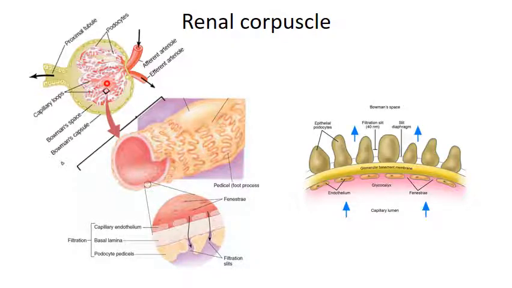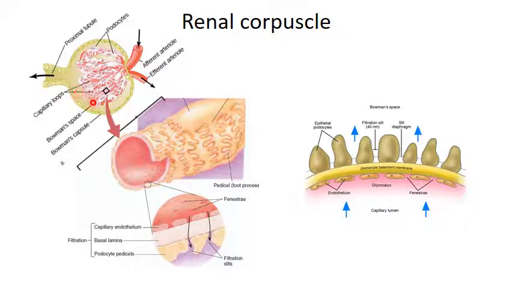The capillary network is called the glomerulus, which is formed by the division of afferent arterioles into capillaries. There are a total of 50 capillaries in the glomerulus, and these are highly convoluted capillaries. Blood from these capillaries drains into efferent arterioles.